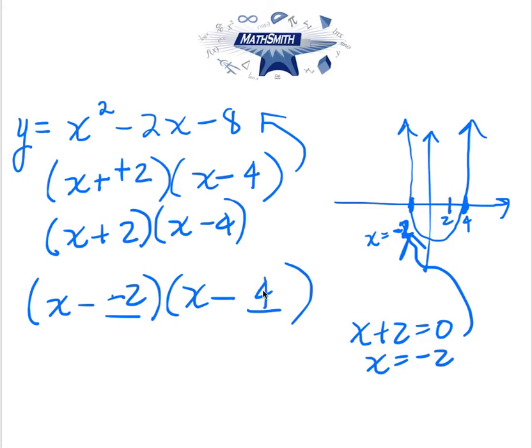I don't know if this is all that helpful, but that is another possibility of a way to figure out how to factor something, if it goes through the x-axis nicely and cleanly, and you're able to pick those factors up. Okay. Now let's flip over to example 6.